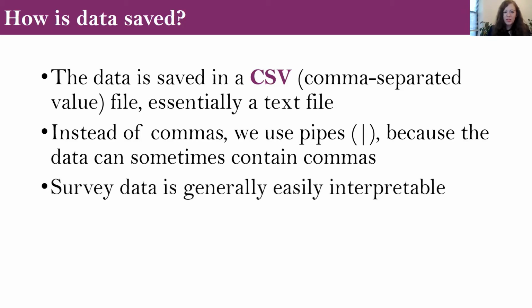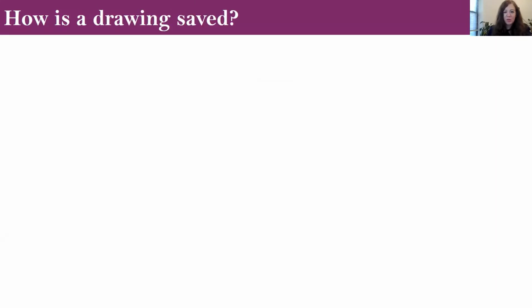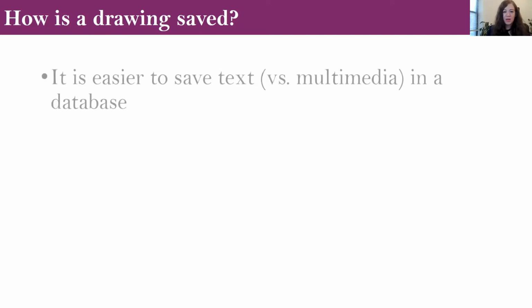Just off the bat, in terms of how these CSV files look, the survey data is generally easily interpretable. The key question is how to interpret the drawing data and the mouse movement data. When thinking about how a drawing is saved, the first key point is that it's easier to save text in a database than to save multimedia.